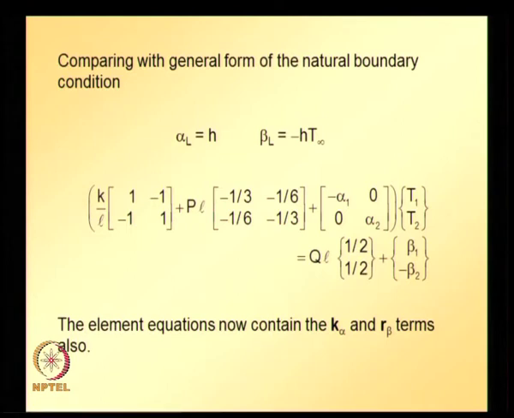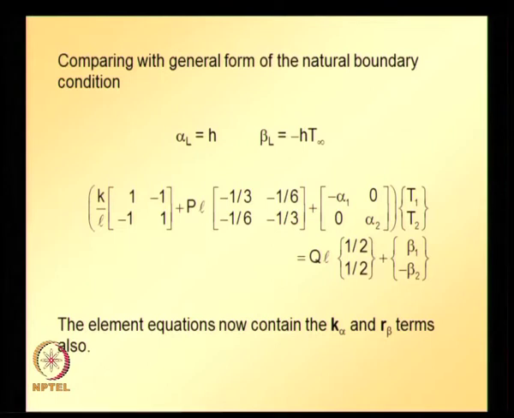Making these substitutions into the general one dimensional boundary value problem element equations, we notice that the element equations now consist of k alpha and r beta terms.